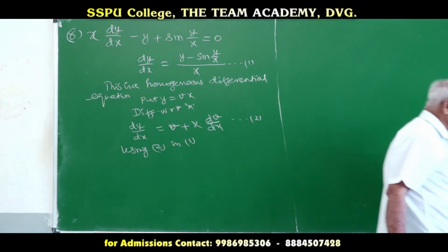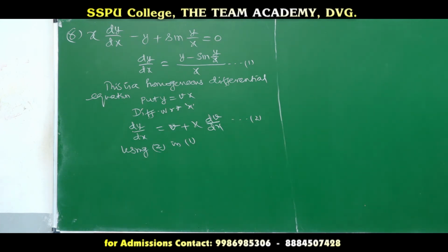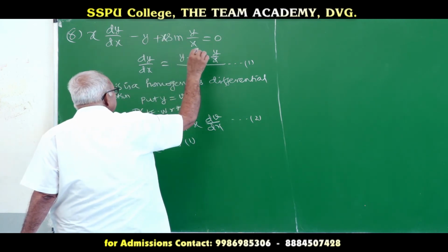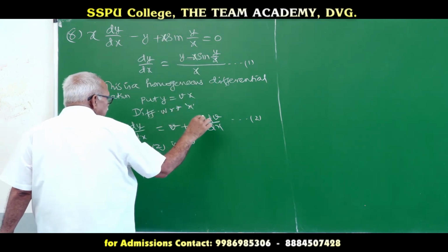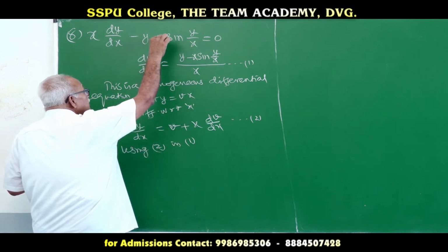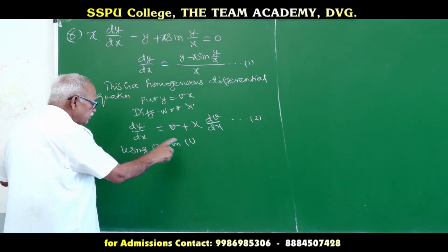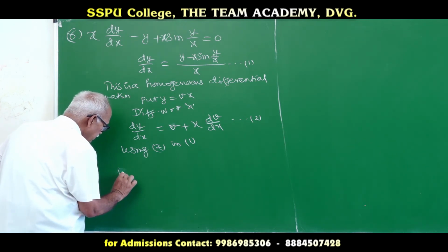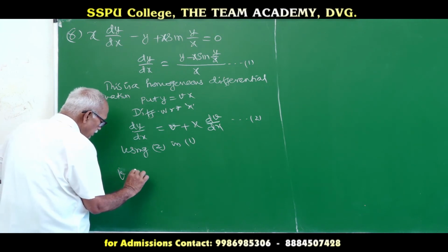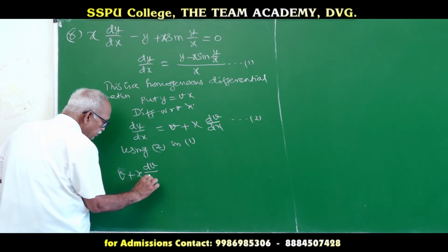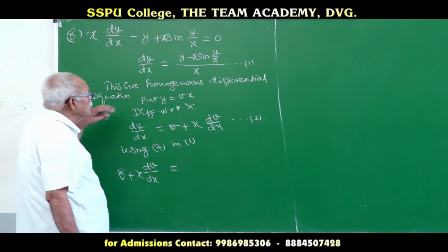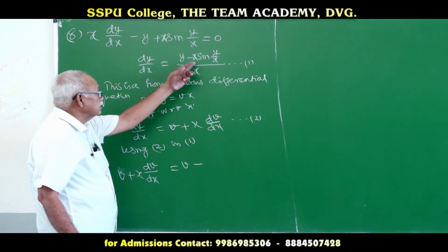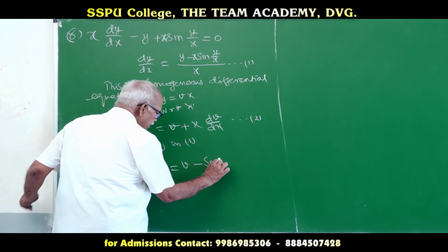So here you take that as x into sine of y by x, using 2 in 1. V plus x dv by dx is equal to, so divide by x, y by x we get, y by x is v minus x cancels, sin v.